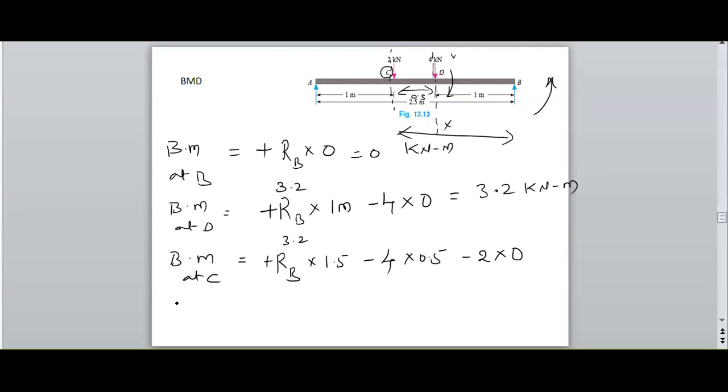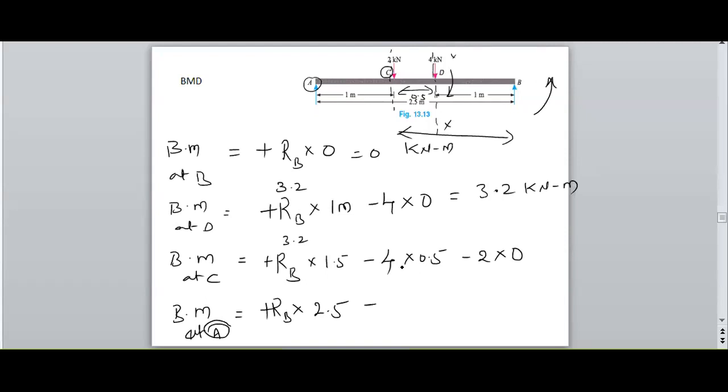Next point is A. At A, we have four forces. RB has a perpendicular distance of 2.5 from A, and it is anti-clockwise.